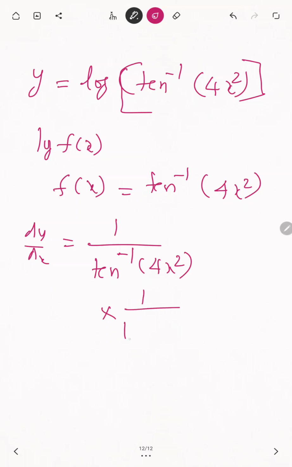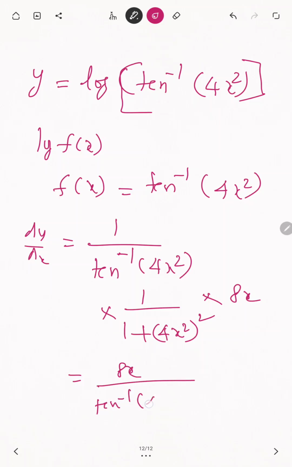Application of formula: 1 plus 4x square whole square, into the differential of that function, which is 8x. So the overall result is 8x by tan inverse of 4x square into 1 plus 4x square whole square.